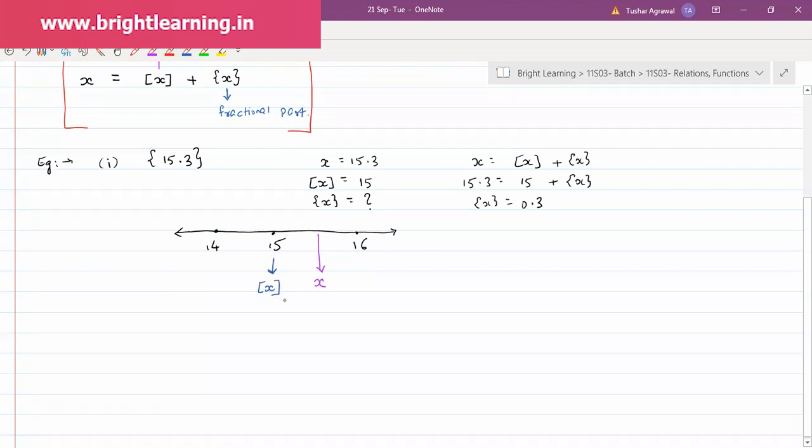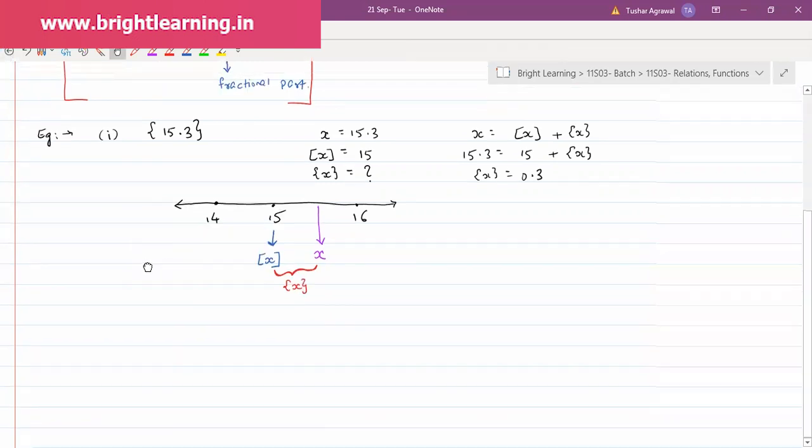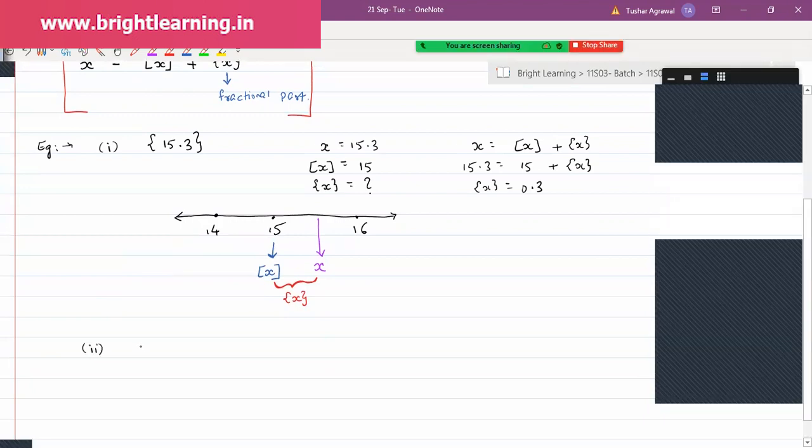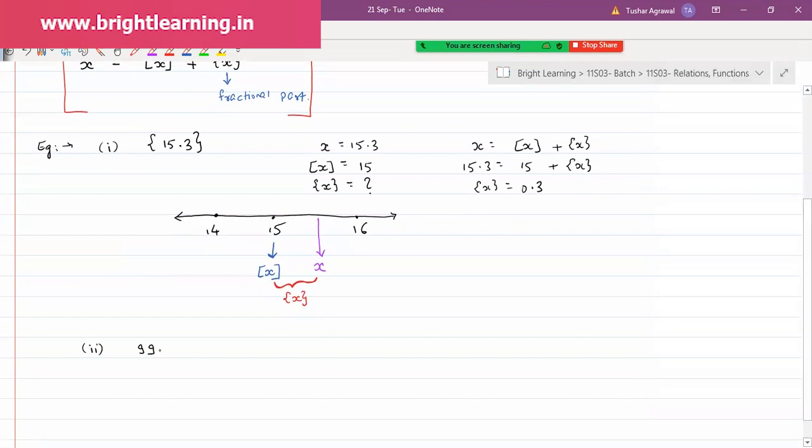And this difference which is there will be equal to my fractional part. Okay, so if this is clear to you, then for positives, I don't think anybody will face any problem. Like 99.1, what will be the fractional part of x?